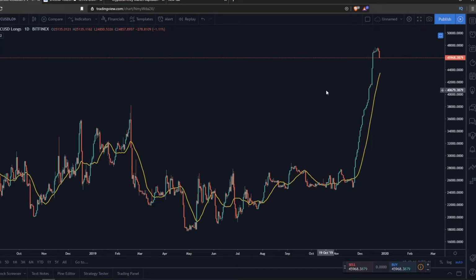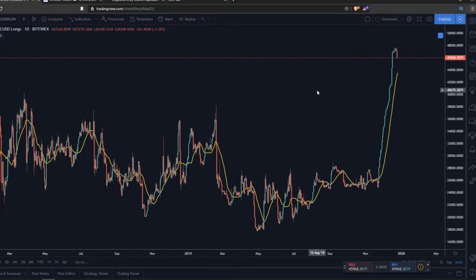Now, longs and shorts don't necessarily mean that they are going to affect the Bitcoin price directly, but they did have some kind of an impact on the 2018 and 2017 charts, and everybody was watching that at the time. If the shorts were going down, that's some kind of an indication that the Bitcoin price may or may not go on the downside.